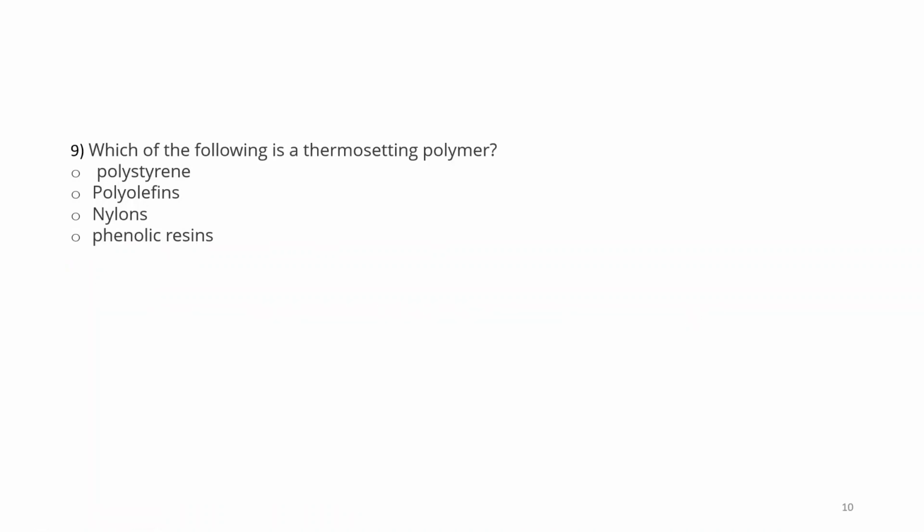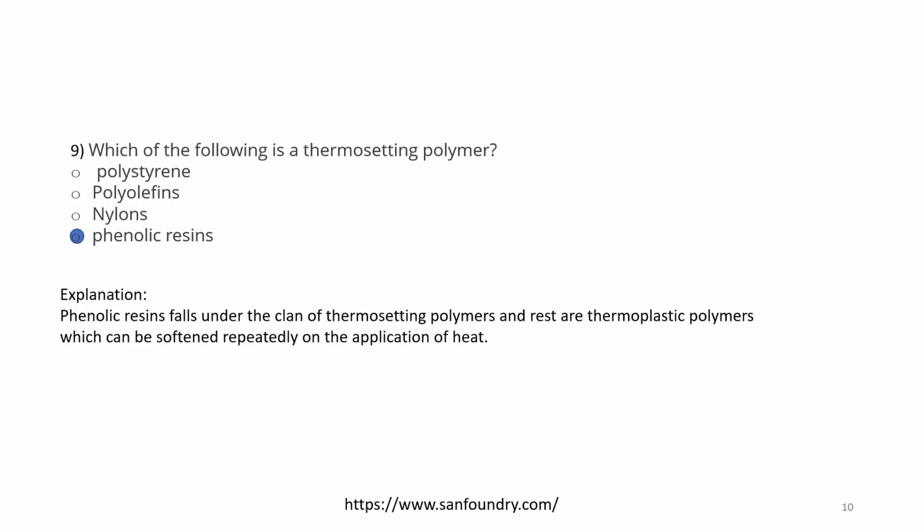Next question is, which of the following is a thermosetting polymer? Your options are polystyrene, polyolefins, nylons and phenolic resins. Your correct option here will be phenolic resins, which is the only one that is thermoset.